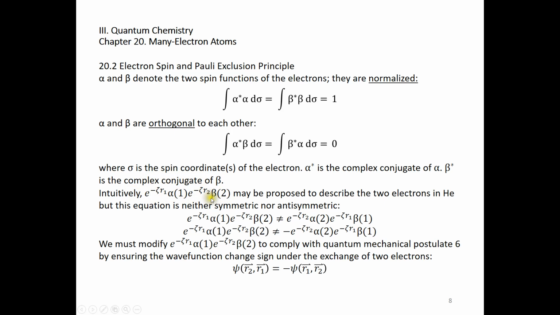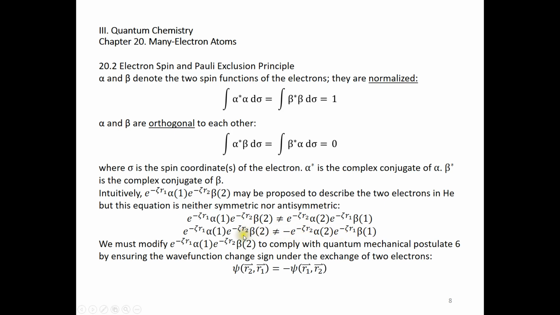But unfortunately, this wave function is neither symmetric nor antisymmetric, because if we exchange the two electrons 1 and 2, we can see this is what we get. These two are different, and these two are also different. So it's neither symmetric nor antisymmetric.